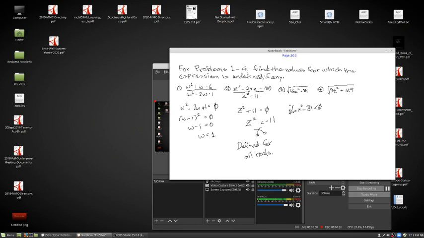Let's look at the equation version of that first and just find what this factors into. Well, that's a difference of squares, so we'll have 4x plus 9 times 4x minus 9.